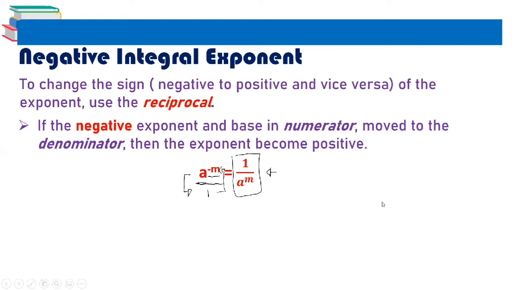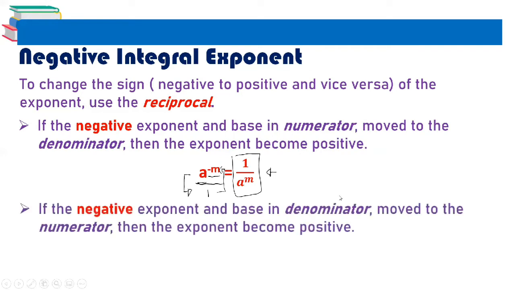Next is, if the negative exponent and base are in the denominator, we move them to the numerator. Then the exponent becomes positive. So for this one, when the negative exponent is in the denominator, we will reciprocal it.